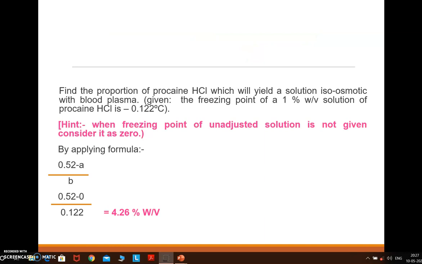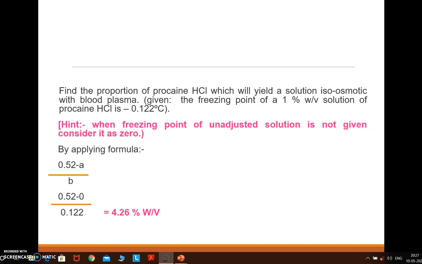This is the first example that we are going to discuss. Find the proportion of procaine hydrochloride which will yield a solution isoosmotic with blood plasma. What you have been given is the freezing point of a 1% weight by volume solution of procaine hydrochloride, that is minus 0.122 degrees Celsius.